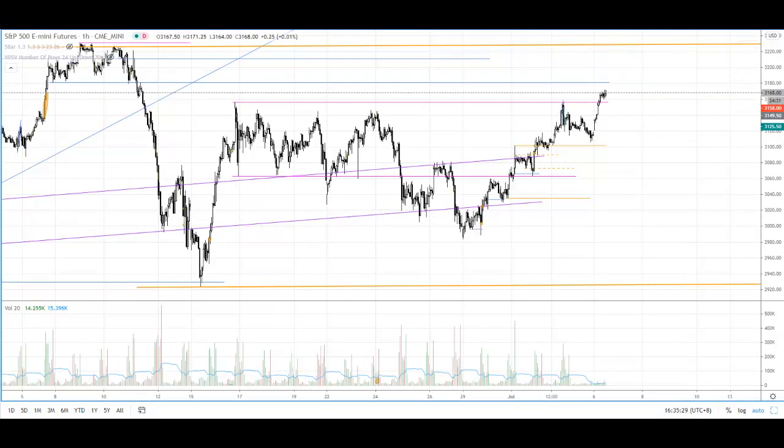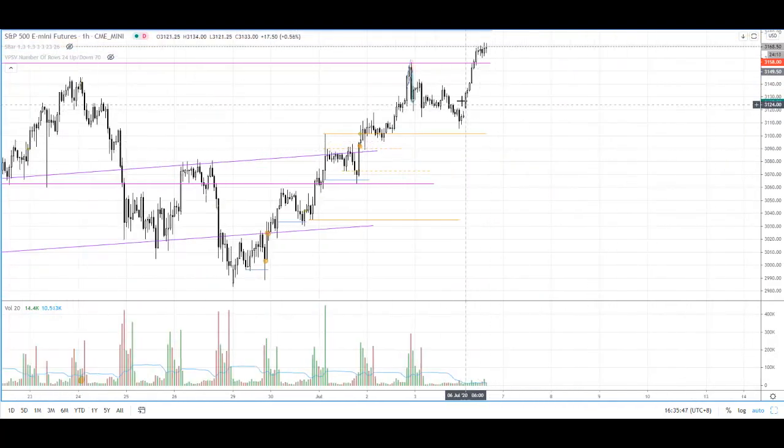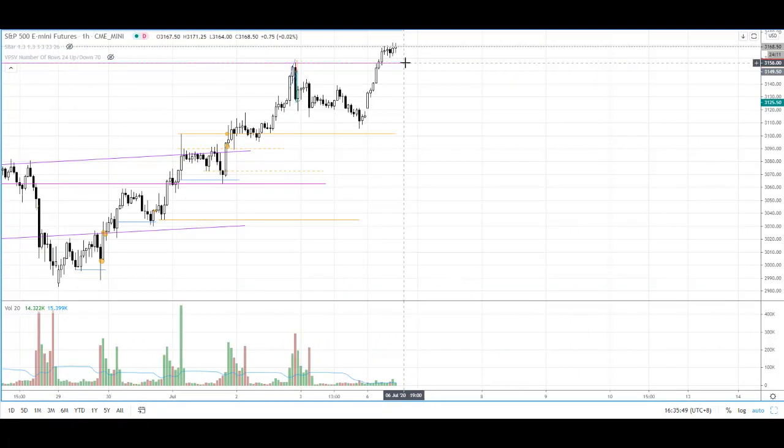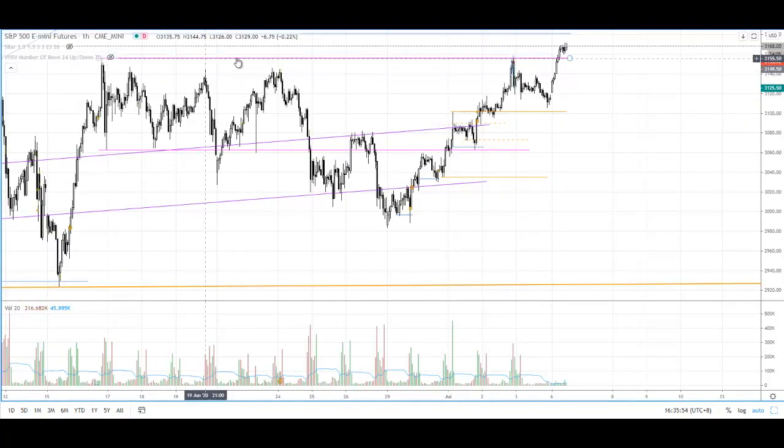So definitely this is the immediate resistance, 3180 here, and also the swing high level at 3230. And for the immediate support level, I'm actually looking for this little small level here, that 3156, that is the swing high level here.